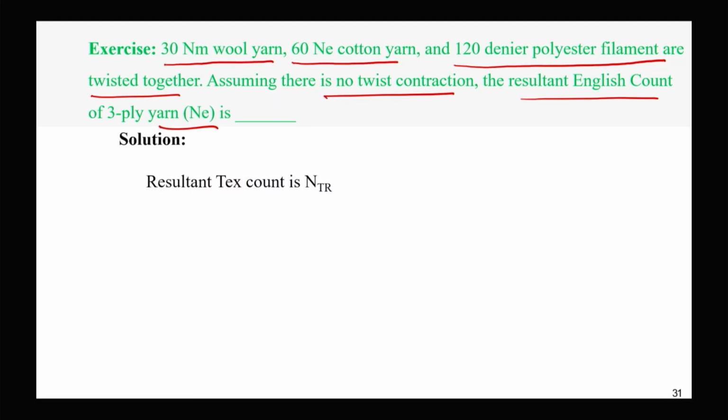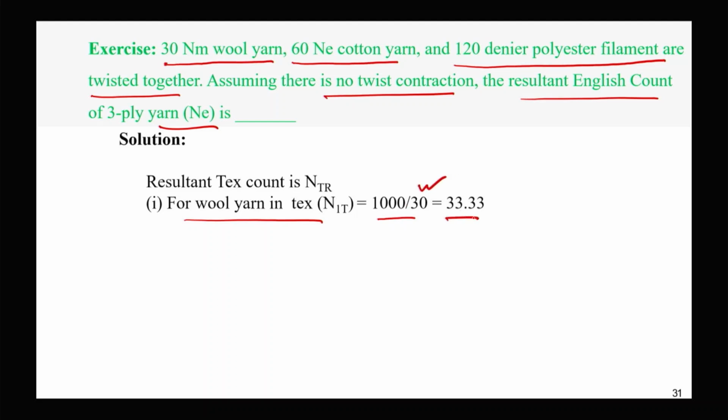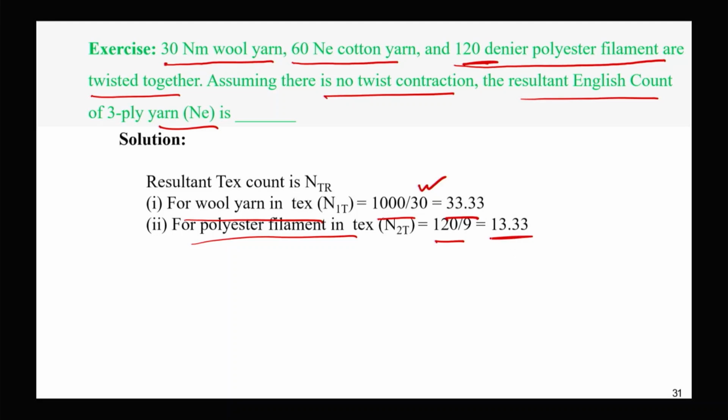So the resultant tex count is, first, the wool yarn, Nm, so 1000 by 30. The polyester filament is 120 denier, so it becomes 120 by 9, 13.33.